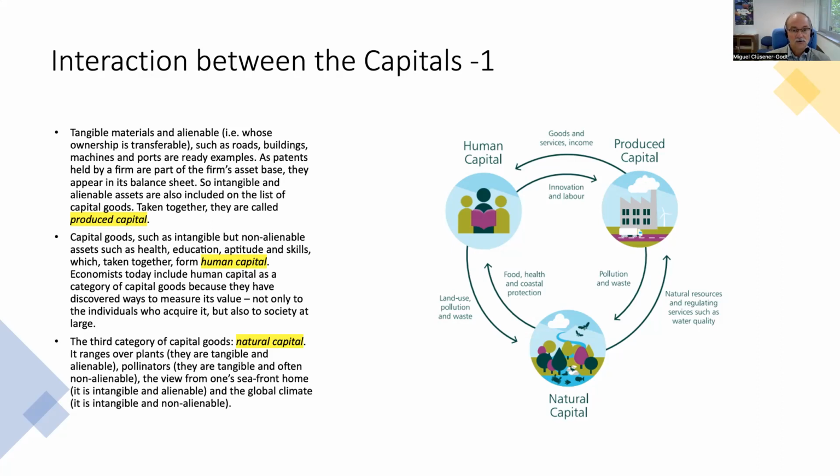So this must be included as a value of the society. This human capital brings, for example, innovation, brings labor, develops things. And then, of course, we're coming back to biodiversity, the natural capital. Natural capital is, of course, tangible, alienable, but there, for example, pollinators, it's the climate, it's all the resources, plants, animals that we get from the earth.